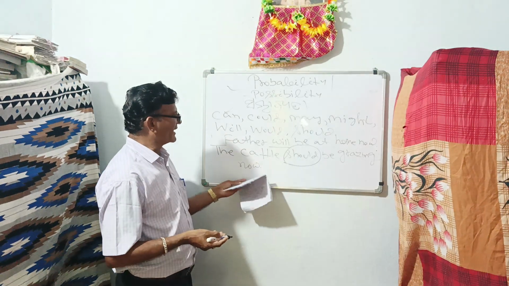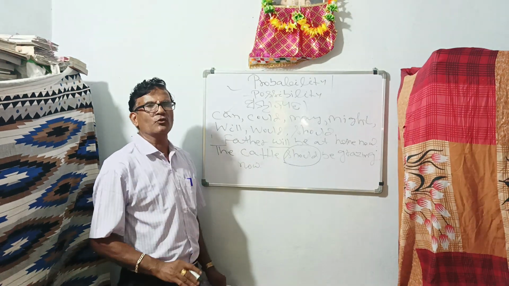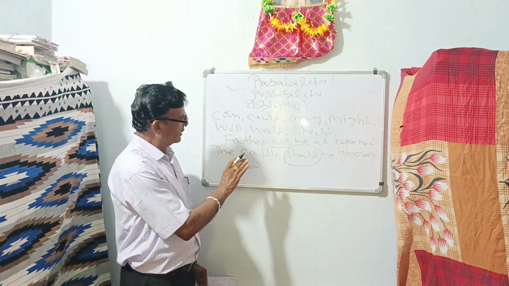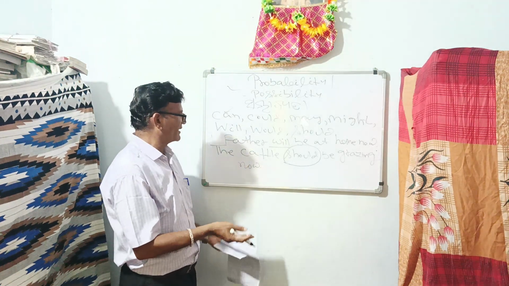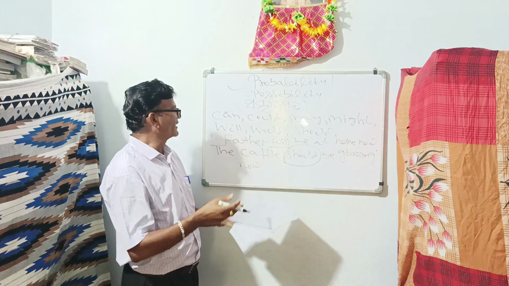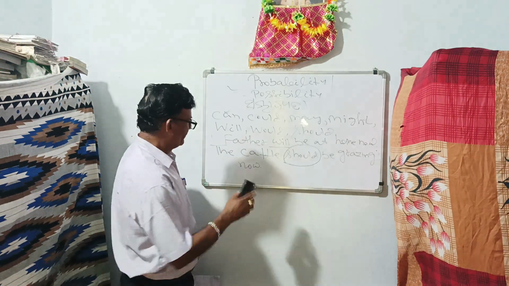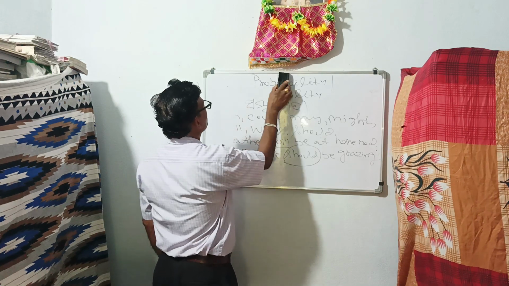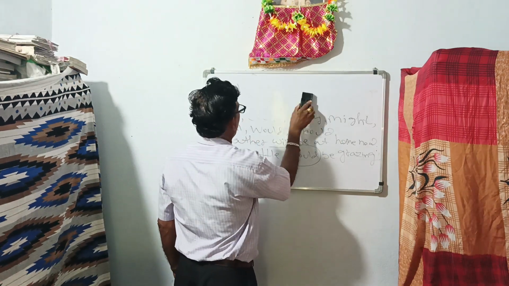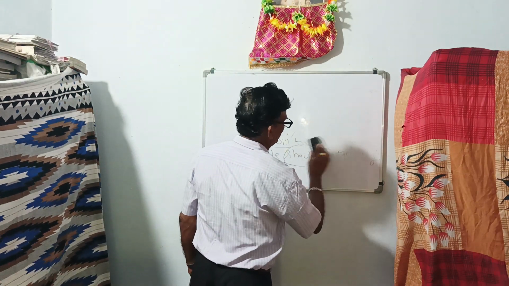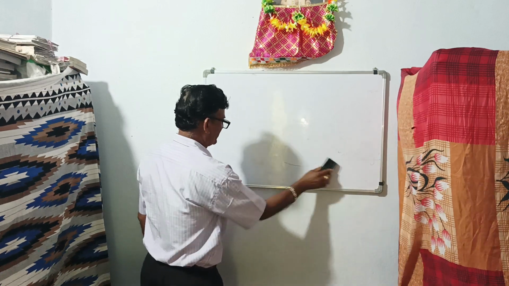It is probable that they might be grazing in the field. Thus probability is expressed by some modal auxiliary verbs in a sentence.